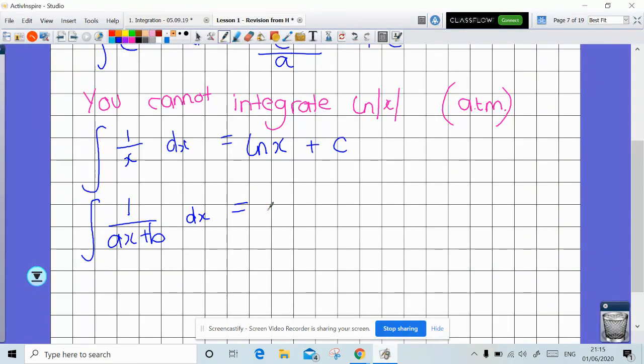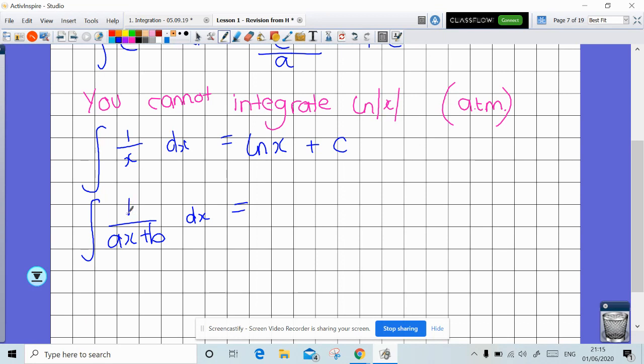We'll go through more about this in detail for a later time. Basically, if you look at the bottom of the fraction, if you've got the derivative of that on top, then that's what's called the special integral. So the derivative of the bottom part is a in this case.